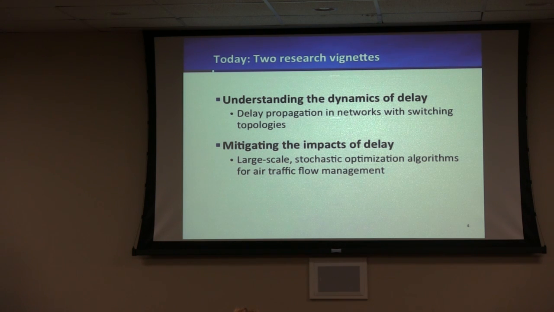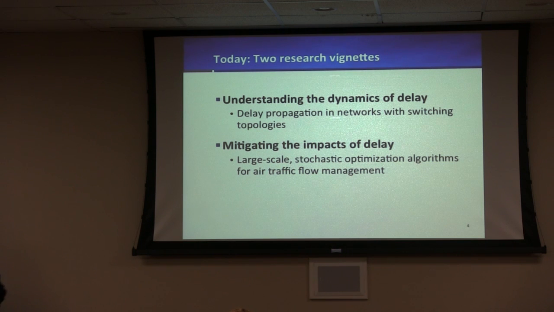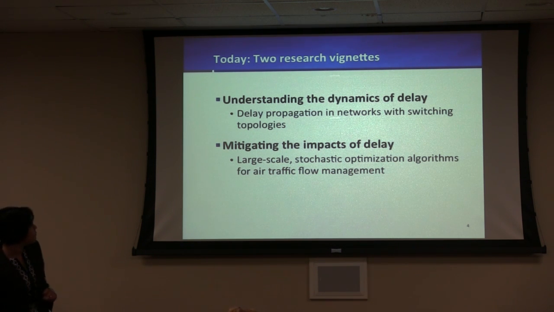In particular, I'm going to model this as networks with switching topologies, and I'll talk in detail about what I mean, and try to see how that helps us predict how delays are going to propagate in the system. And the second piece is to try to ease the pain. So once we know how these delays propagate, let's do something about it. That's going to be how do we mitigate the impacts of delay, and that's going to be a formulation as a large-scale stochastic optimization problem.